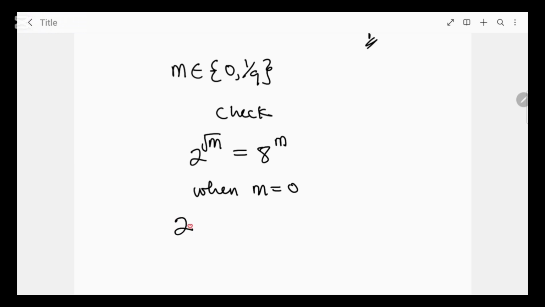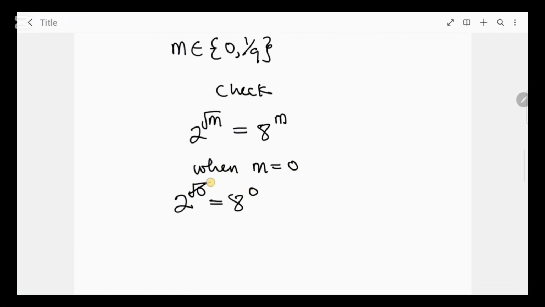So this will be 2 to the power of the square root of 0 equal to 8 to the power of 0. Well, the square root of 0 is 0, so 2 to the power 0 is 1. This is equal to 8 to the power 0, which is also 1. So we see that the left hand side and the right hand side are equal. So m equal to 0 checks out.